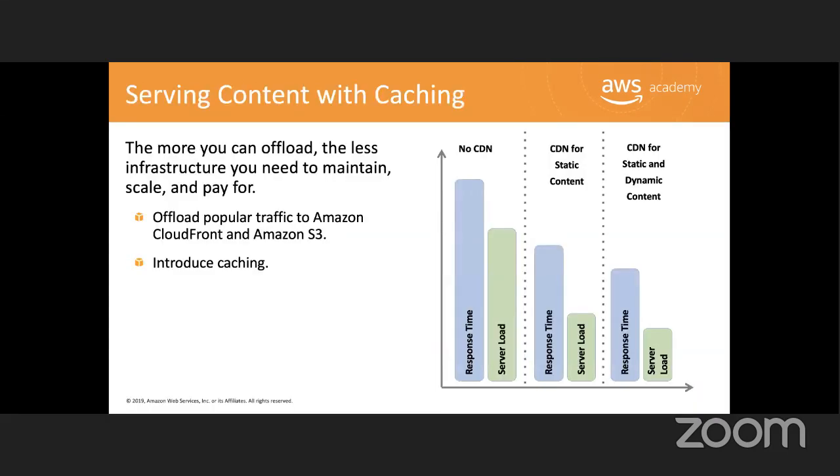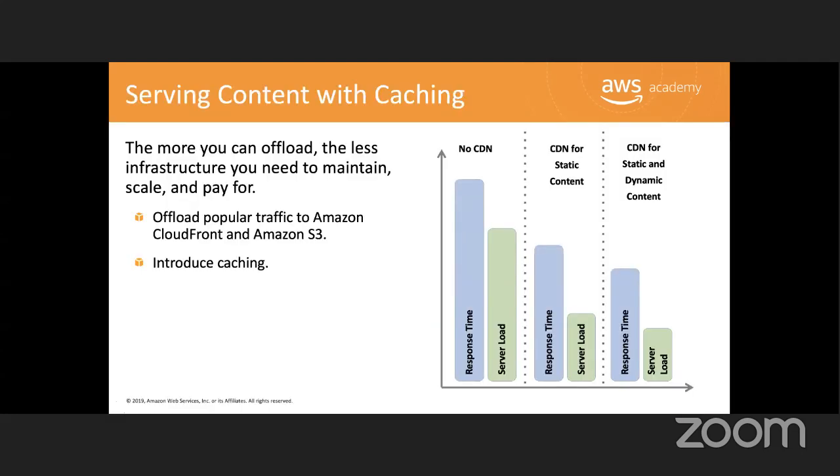Okay, now caching. Serving content with caching. The more you can offload, the less infrastructure you need to maintain, scale, and pay for. Guys, as you know, the Content Delivery Network, or CDN, refers to CloudFront. You know that already, okay?